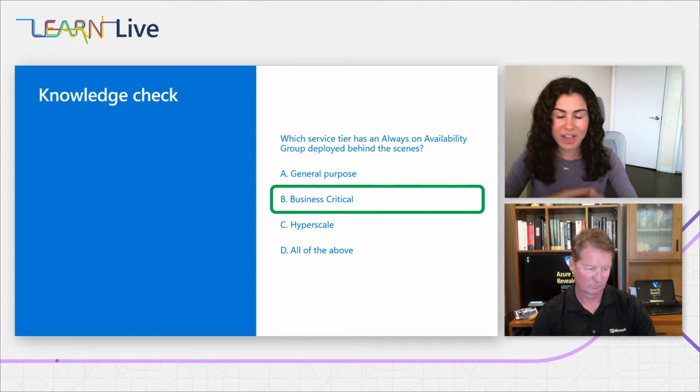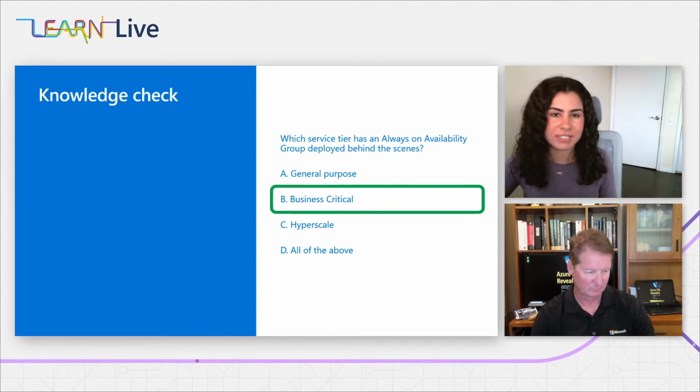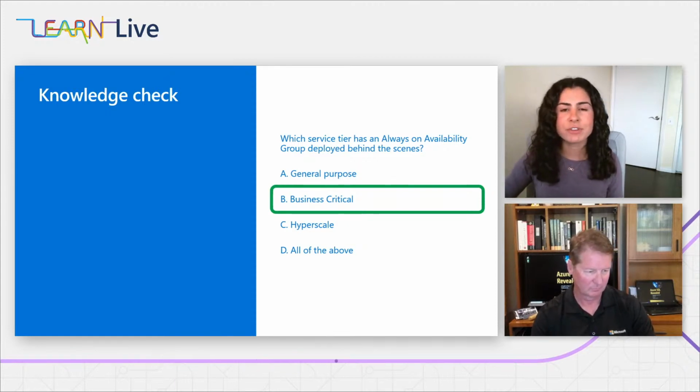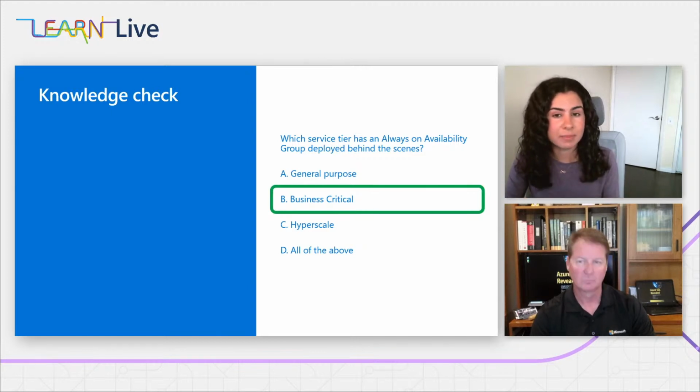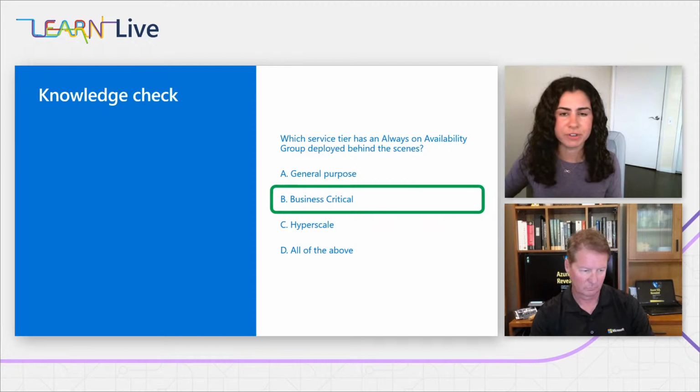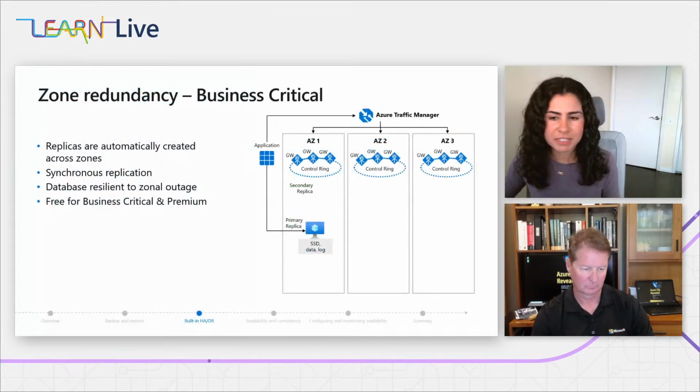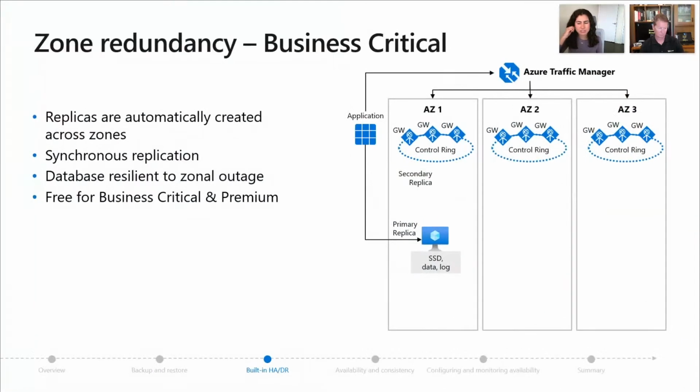So we've talked about the high availability for different service tiers, and now we're going to talk about a few ways that you can opt in to potentially take that availability a little bit further. So we're going to talk about something called zone redundancy, and we'll start by talking about business critical.